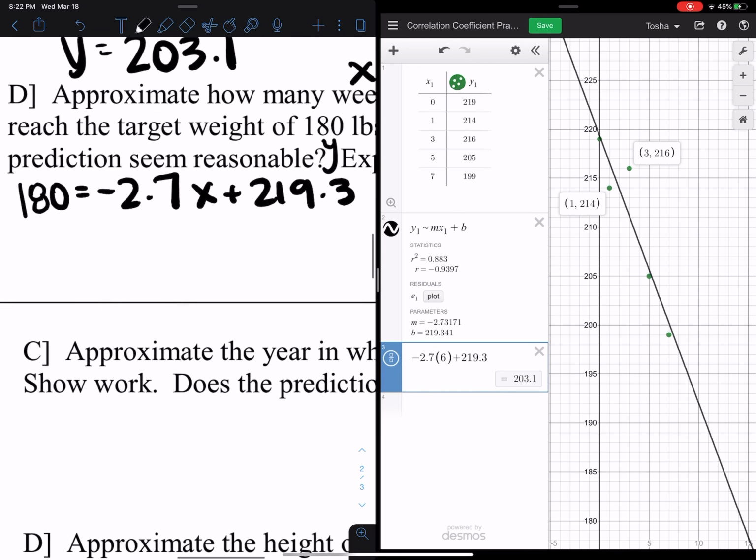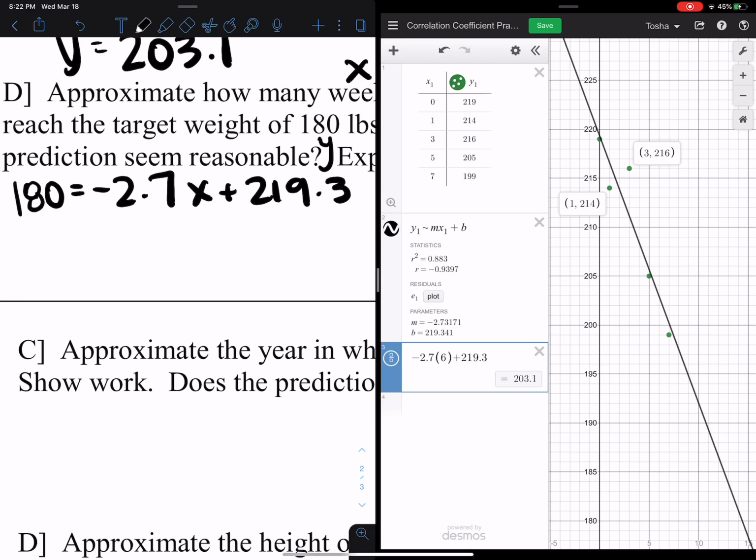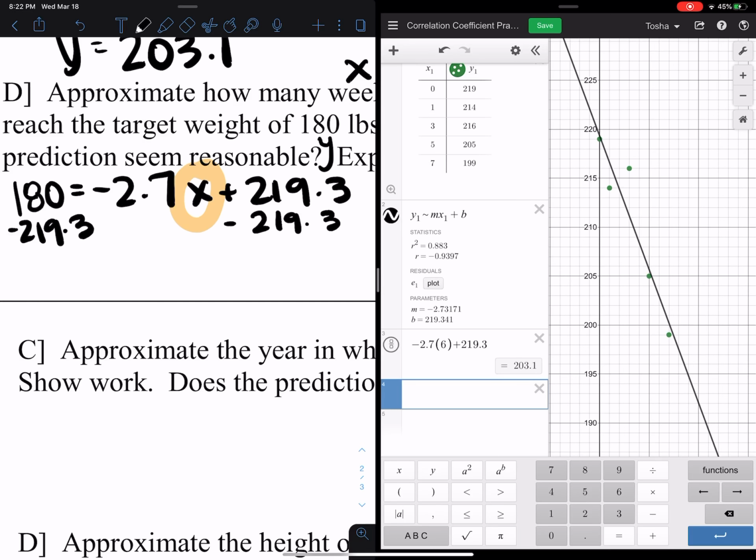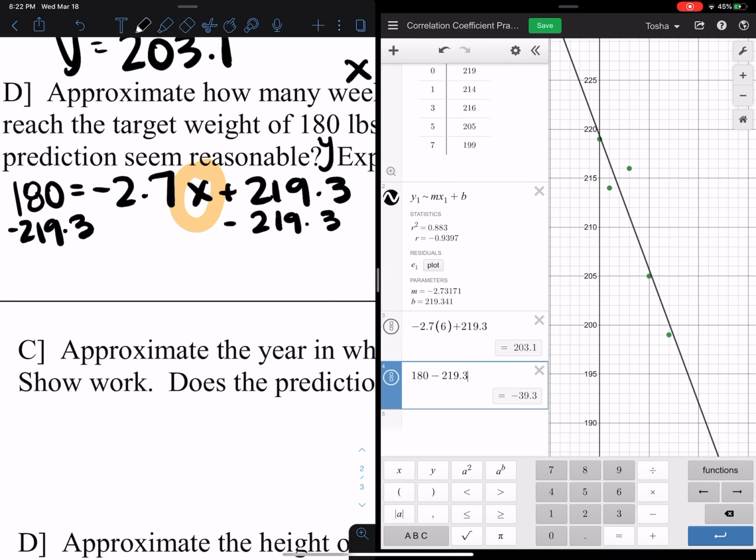When we're looking at an equation like this, how do we solve it? We're trying to get x by itself. So what do we do first? We would subtract the 219.3 first, and I'm going to type that over here on Desmos. So we have 180 minus 219.3.